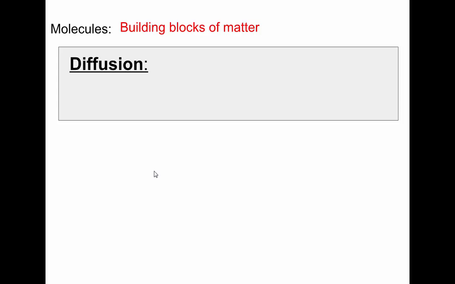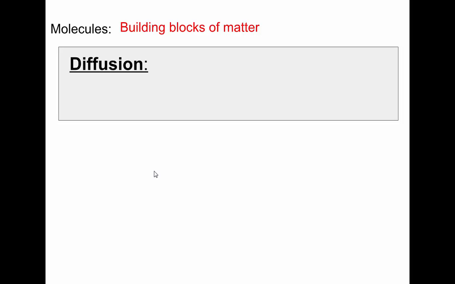The smallest amount of water you can have is a single molecule of water: 2 hydrogen atoms bonded to 1 oxygen atom. That's a molecule of water. It's still water. It has all the properties of water, but it's the smallest amount of water you could possibly have. And so molecules move from place to place.